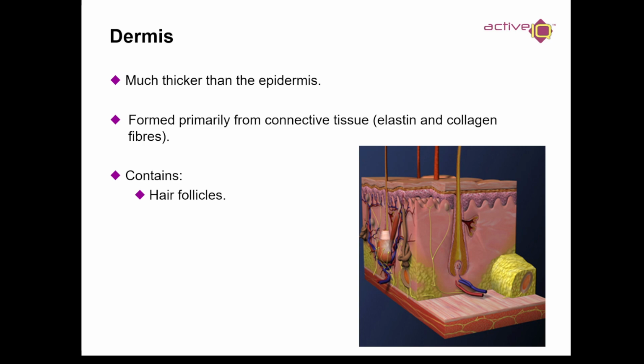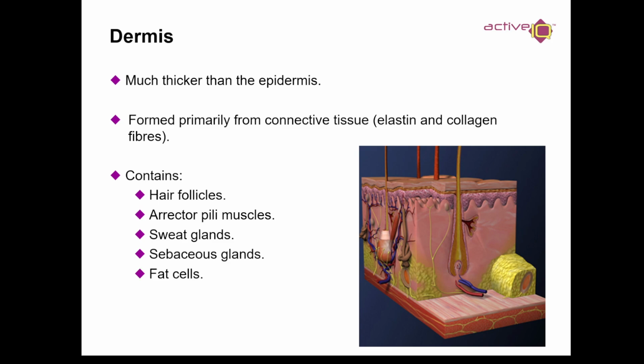Your hair follicles rely on the dermis being strong enough to support them. You have your erector pili muscles in that particular region. It contains your sweat glands. It contains sebaceous glands. A sebaceous gland releases oil onto the skin, which we mentioned earlier is acidic. So it's what kills off bacteria on the surface.